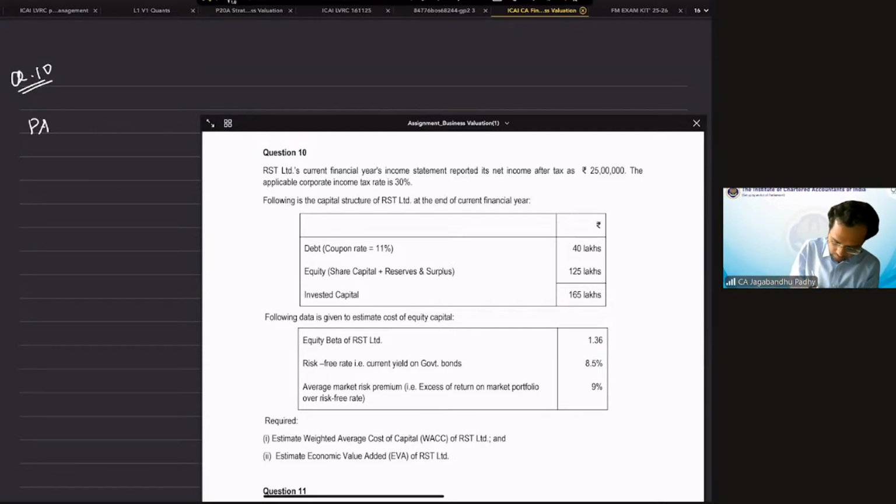So we have a profit after tax of 25 lakhs. Corporate tax rate is 30%.